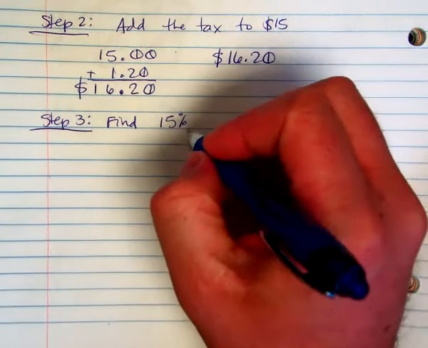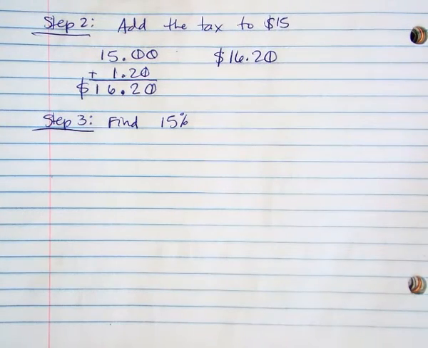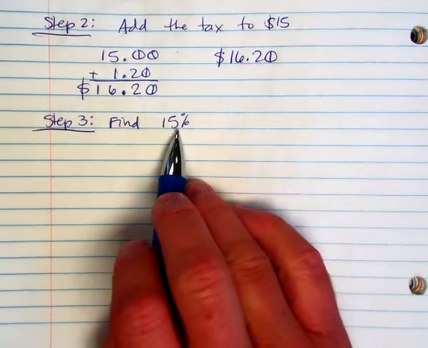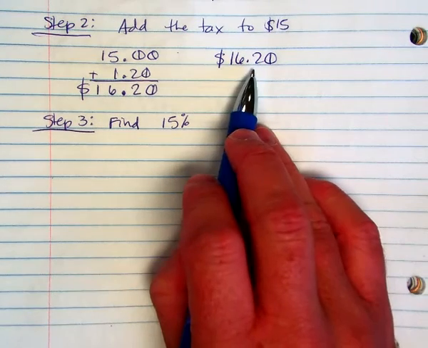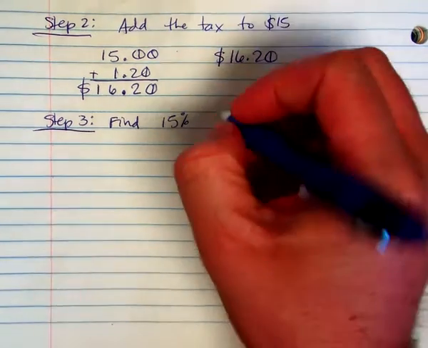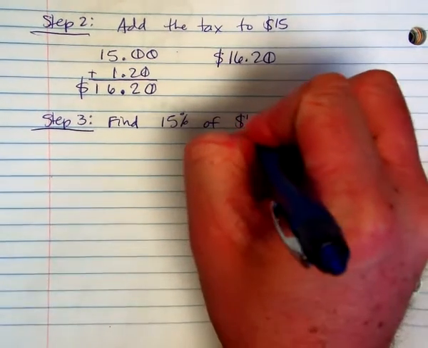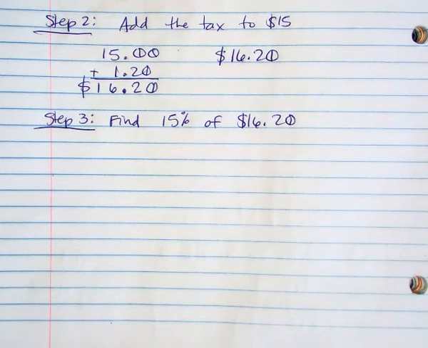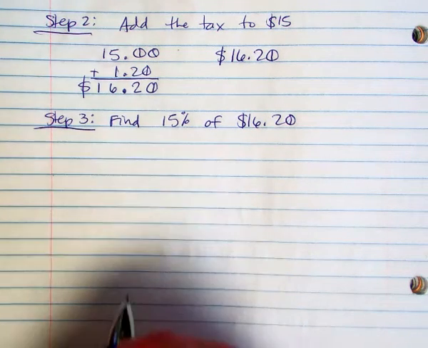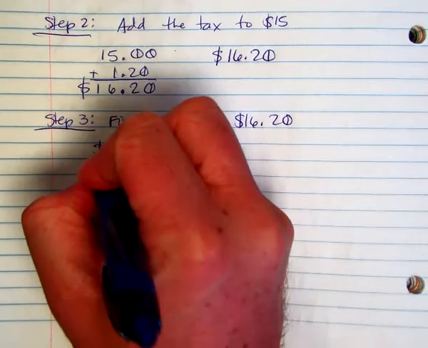I don't want 15% of the original $15. I need 15% of the new total that I just made in step 2. So I want 15% of $16.20. And this is where things get a little bit more complicated, because now my numbers aren't quite as rounded off. I'm getting some real world numbers now.